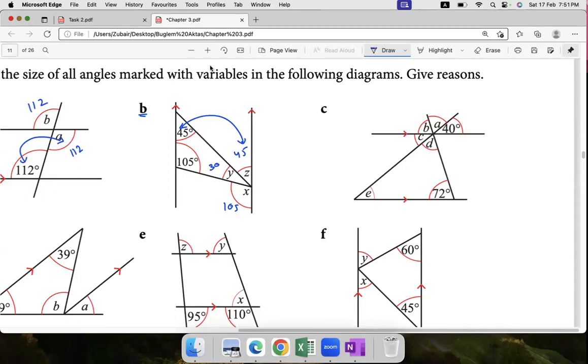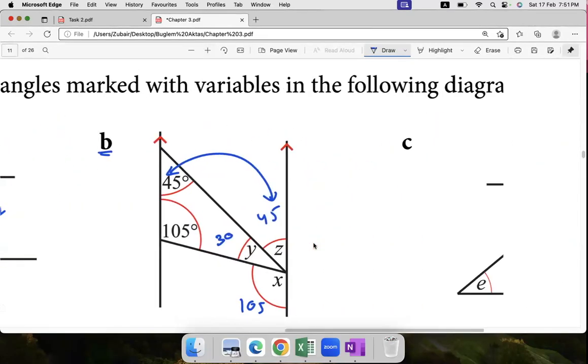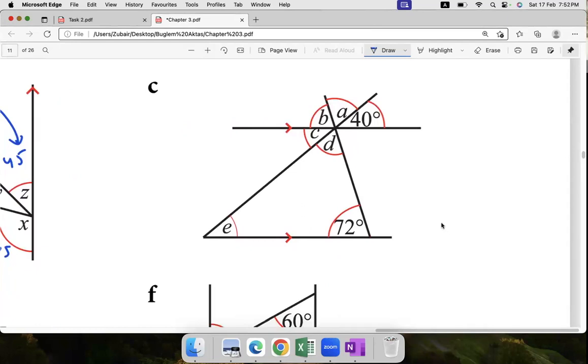C part. Let's get it bigger. C equals 40. Correct. I know that A and D are equal, so we can write D here, we can write A here, and we'll use them as we wish.